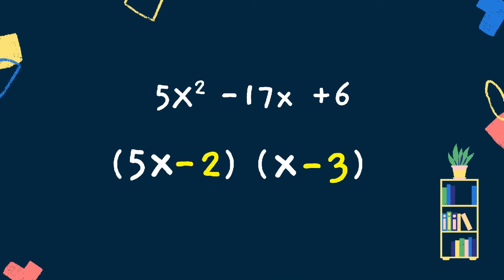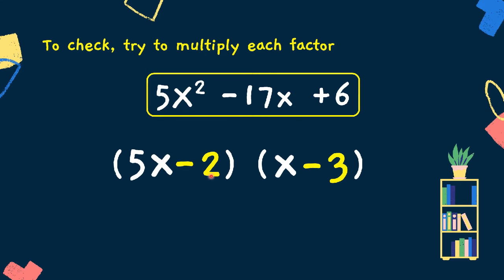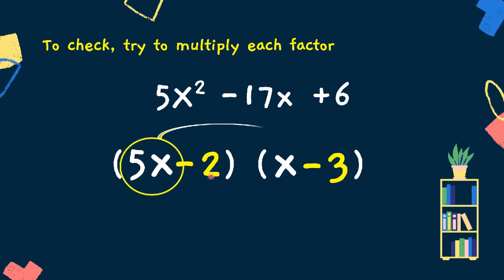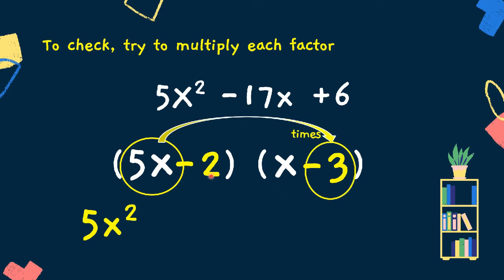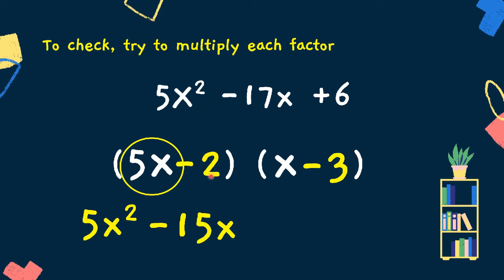Again, trial and error. We will try to multiply the two factors. If the product is 5x squared minus 7x plus 3, then these are the factors that we're looking for. First, 5x times x is equal to 5x squared. 5x times negative 3 is equal to negative 15x.